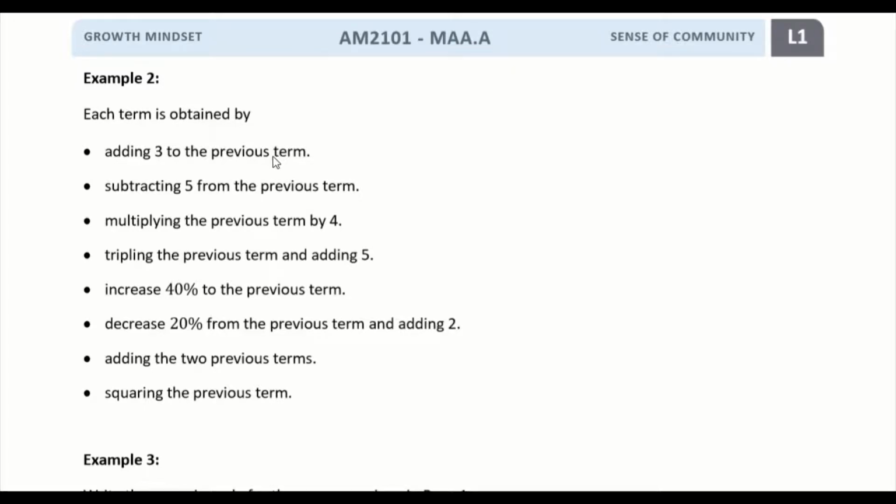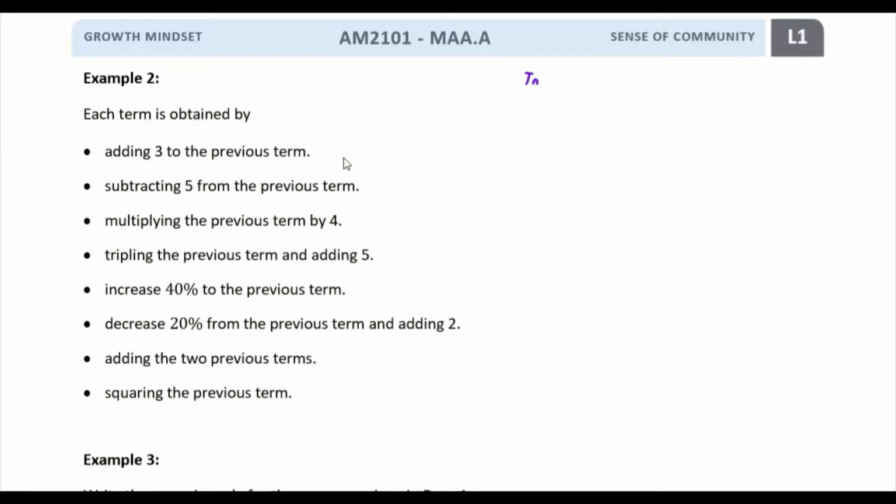So how should you write it in an equation to explain that you should add 3 when you want to get your next subsequent term? Okay, so you remember the idea that we mentioned just now. So we talk about the nth term, right? Because we are not able to write T1 equals what, T2 equals what. Because if let's say you try to do that, then what happens if the question asks for T100?